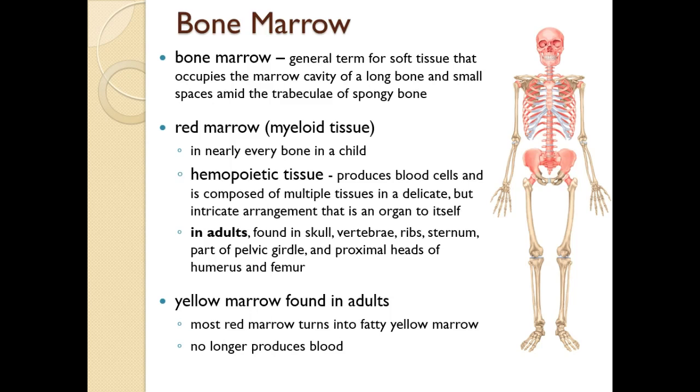All right, so red bone marrow is found in nearly every bone in a child. So that's going to be the medullary cavity in the long bone, and also amid the spongy bone. Hemopoietic tissues, we'll talk about this in 202 when we get to the blood chapters. But hemopoietic tissues are tissues that have the job of producing blood cells, or red blood cells, for example. So that is what red bone marrow is, a hemopoietic tissue, because it produces our blood cells.